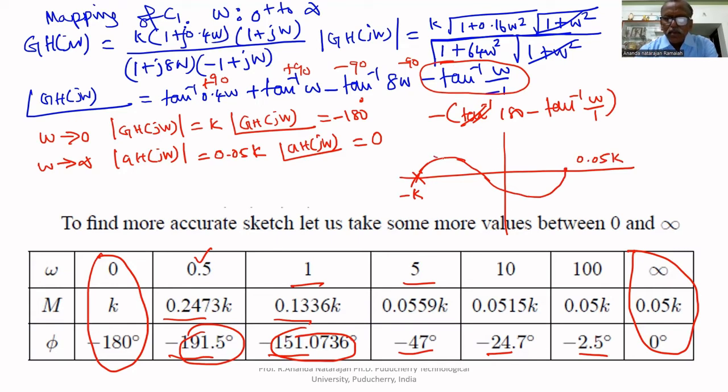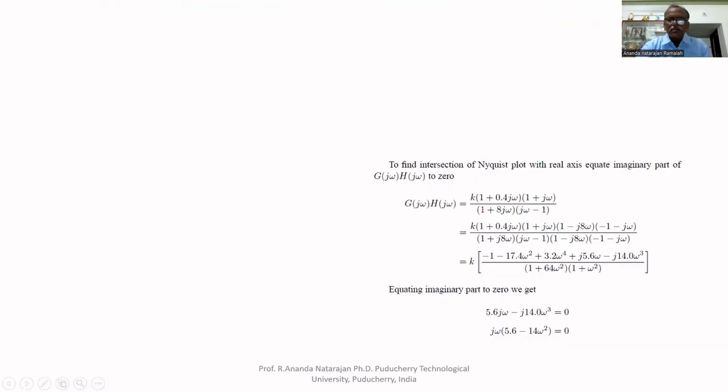Now, this is the mapping of C1. Here, we have to find the point of intersection with the real axis. To find it, we have to equate the imaginary part of GH of j omega to 0.